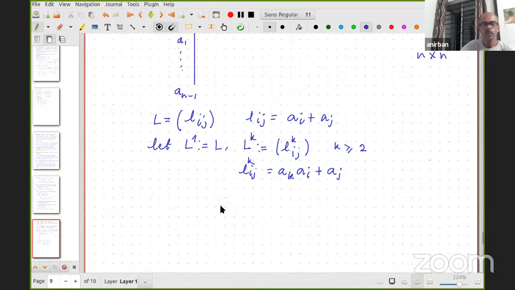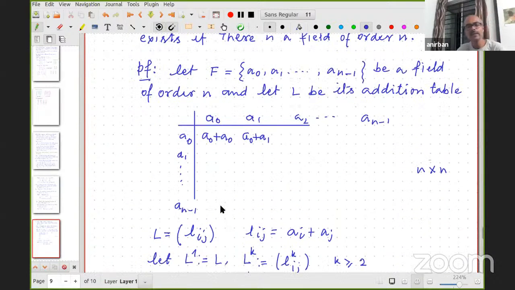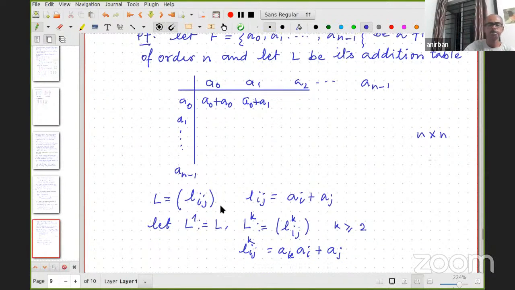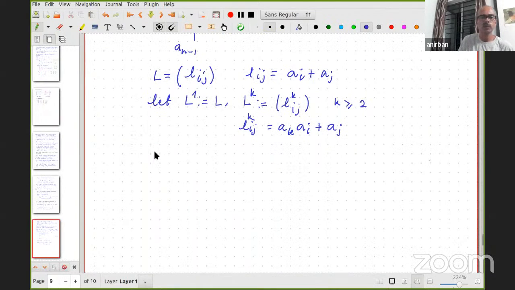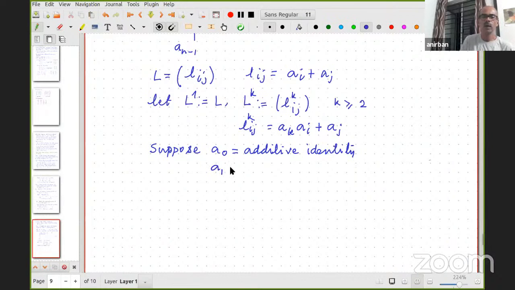We also suppose that a0 is the additive identity and a1 is the multiplicative identity.